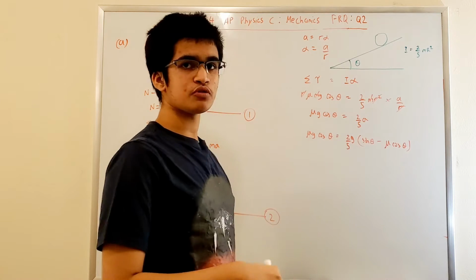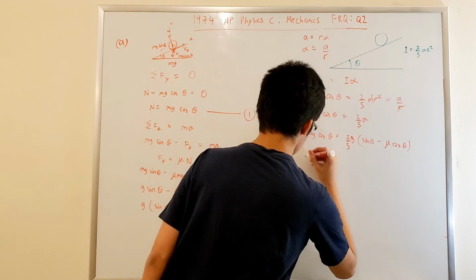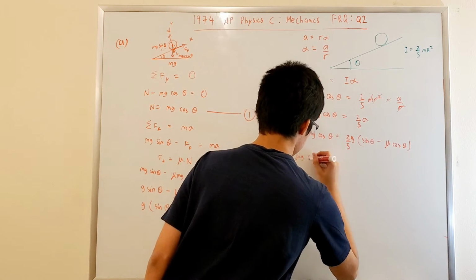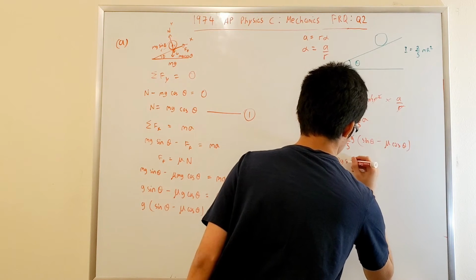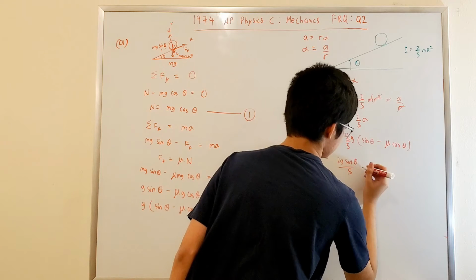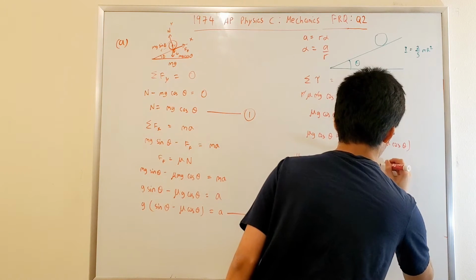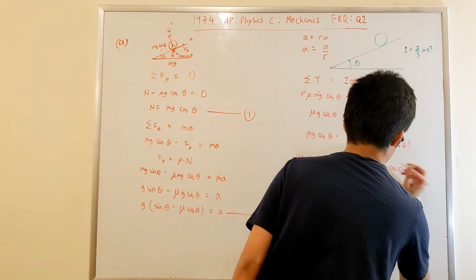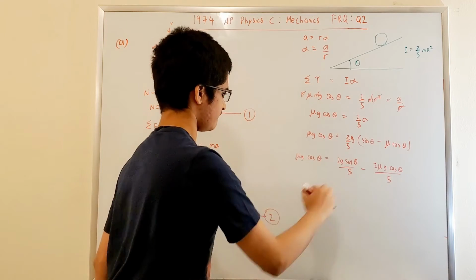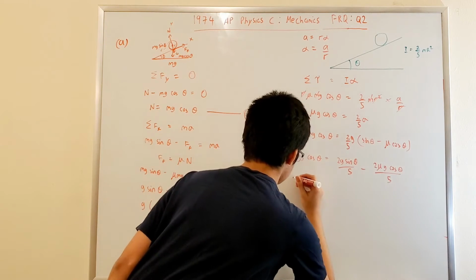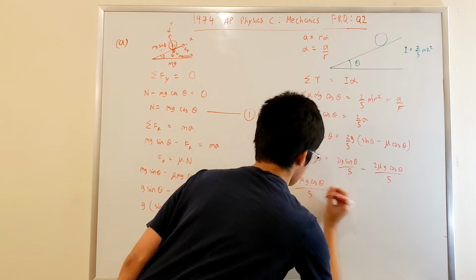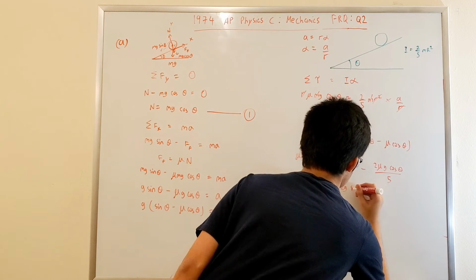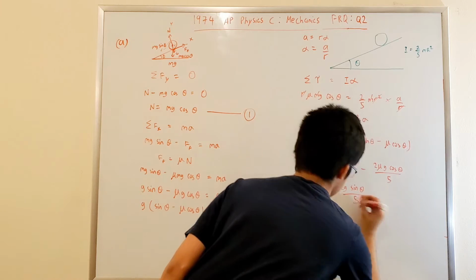Since we're going to solve for mu, let us try to isolate it on one side. So we can expand, and when we bring this to this side, we get 7 mu g cosine theta divided by 5 is equal to 2g sine theta over 5.